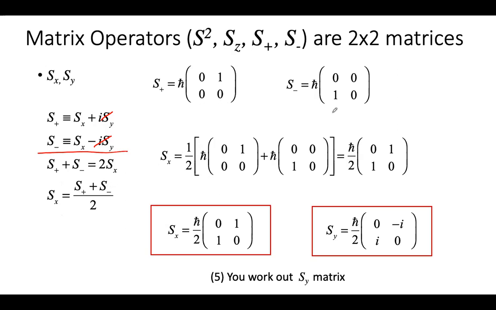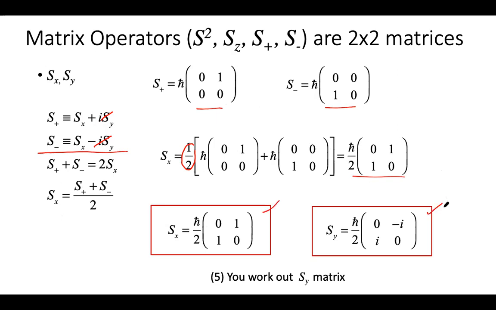And so I just took those two elements, the one that you're going to show and the one I just showed, I added them together, and I divided by 2, and I find that the operator is just that. Okay, just do 0, 0, 0, 1, 0, 1, 0, 1, 1, 0, 0, 0, good to go. Factored out the H bar, and then I had the 1/2 out front. And so that's S sub X.